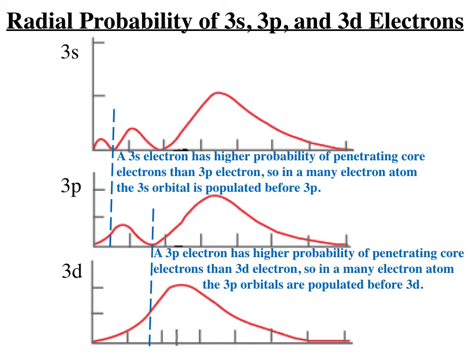So now we will conclude with a statement: when you have many-electron atoms, core electrons shield the valence electrons from seeing all the positivity of the nucleus, but orbitals in s penetrate the core most effectively, so they have lower energy than the p's and the d's.